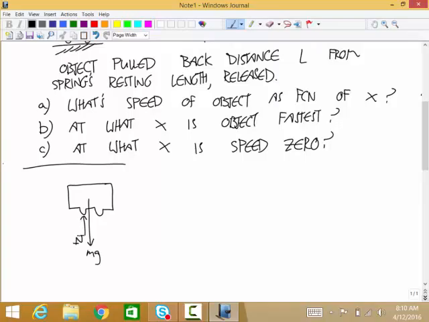And then the one that this whole problem is about? Yep. And we can think of that as K delta L. But anyways, now that we know what all the forces are, we can think about what are the conservative and what are the non-conservative.